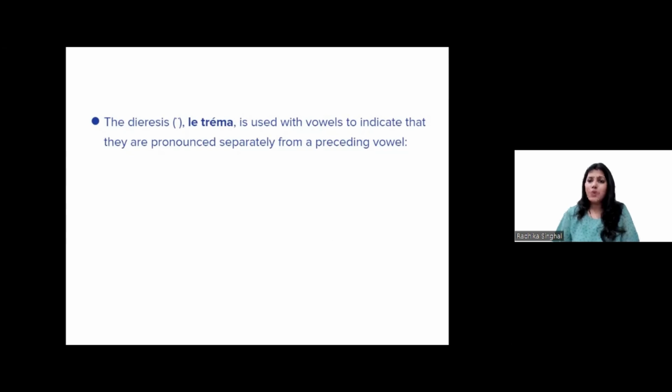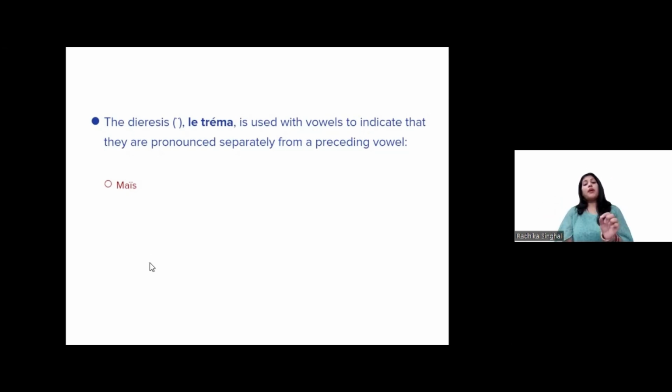And finally, we move on to our last accent, which is the diaeresis, the tréma, and it is used with vowels to indicate that they are pronounced separately. So there might be words where two vowels are coming together, but we want to pronounce them separately, like maïs. A and I were coming together, but I wanted each vowel to have its independent sound.